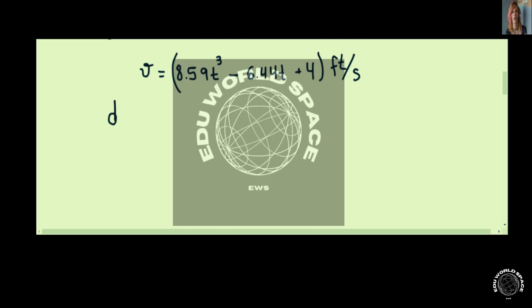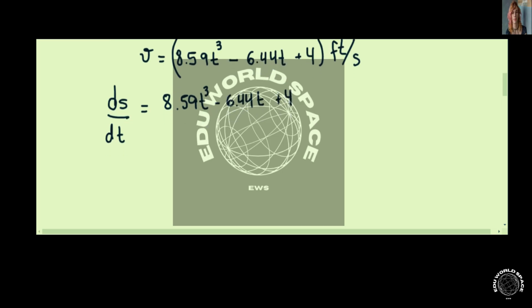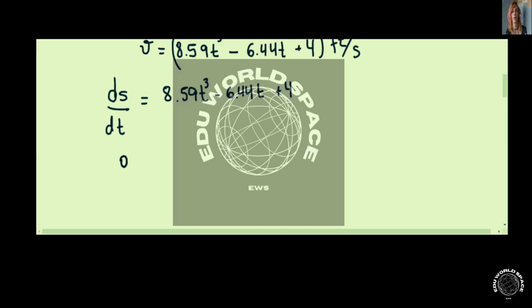Notice that v is ds dt. So this is 8.59 t cubed minus 6.44 t plus 4. And I'm going to leave the units implicit, so ds is equal to 8.59 t cubed minus 6.44 t plus 4 dt, and I'm going to integrate both sides.